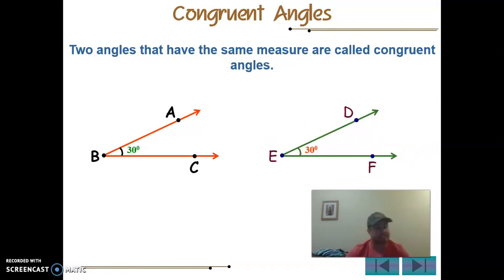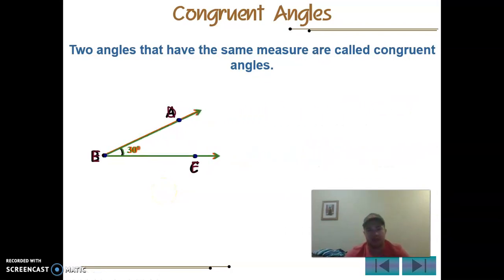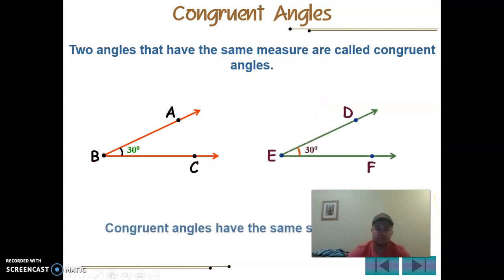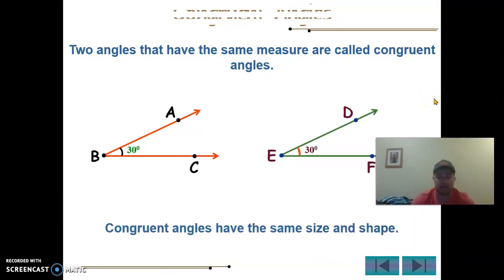If you said slide, you're right. If I pick up angle DEF and I slide it over, look and see how it lines up perfectly? That makes it congruent. And congruent angles have the same shape and size. Very important thing to remember.